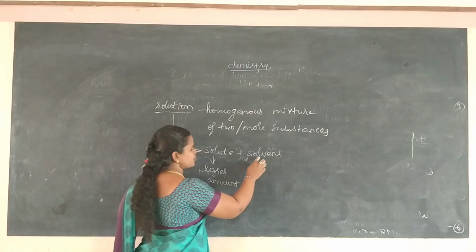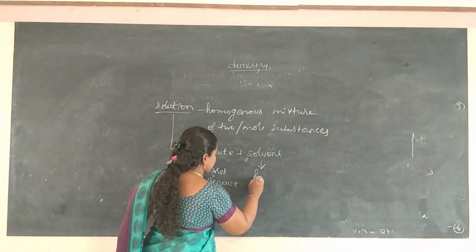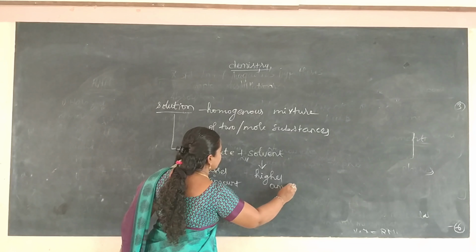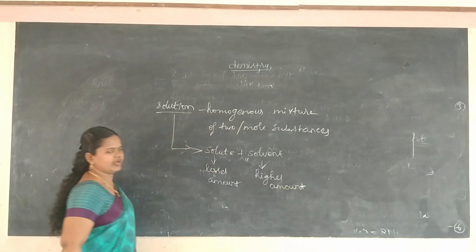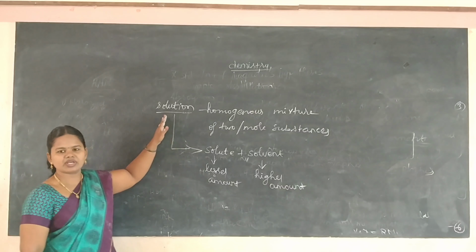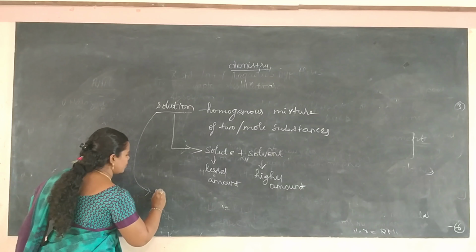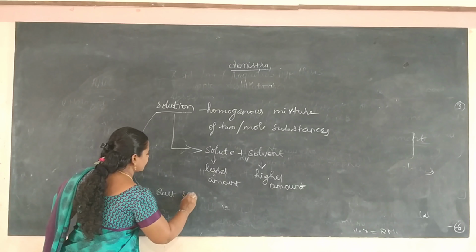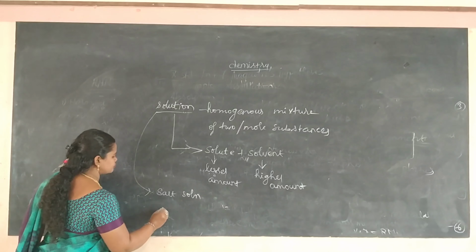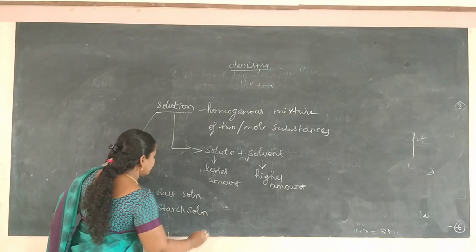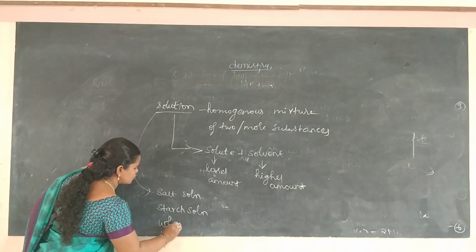And the substance that is present in higher amount by weight is known as what? Solvent. So lesser amount is solute and higher amount is solvent. Solute plus solvent will give rise to what? Solution. Now I will give you 3 examples. One is salt solution, the next is starch solution, and the third is wheat flour solution.